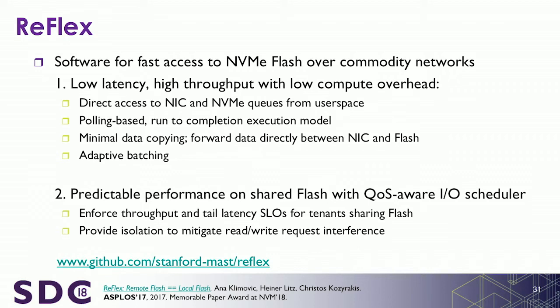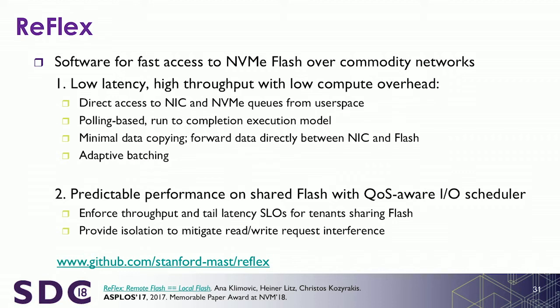So ReFlex provides low latency and high throughput while consuming low compute resources. For example, with a single core running ReFlex, you can serve 850,000 I/O operations per second. So this is around 11 times higher than what we measured with a traditional Linux storage stack using libaio, for example.